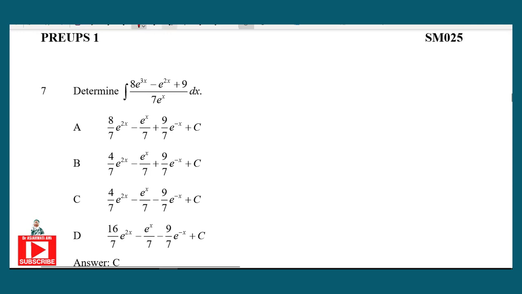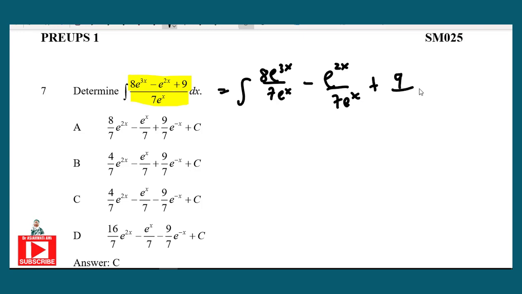Number 7. Determine this function. It can be separated one by one. So this one is equal to 8e power 3x over 7e power x, minus e power 2x over 7e power x, plus 9 over 7e power x.